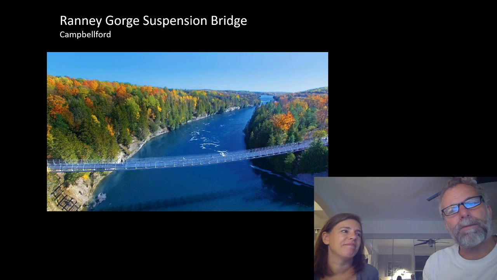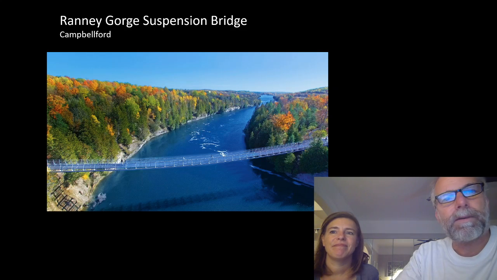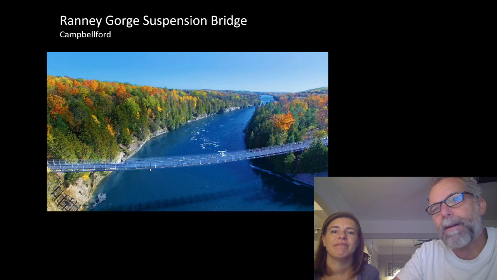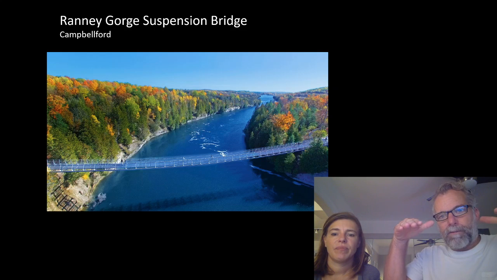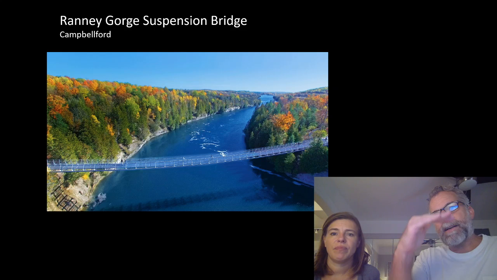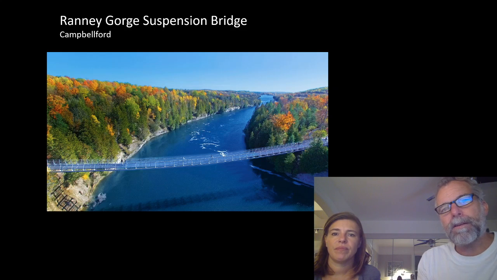Okay, this is the one that Shannon was mentioning earlier. We went and visited this one yesterday. It's extraordinary, and it's only an hour and a half outside of Toronto, over a big wide river gorge. And this is a true suspension bridge in the sense that the structure is just the cables. So very, very shallow catenaries, with grating as a deck that sits on top of those cables.